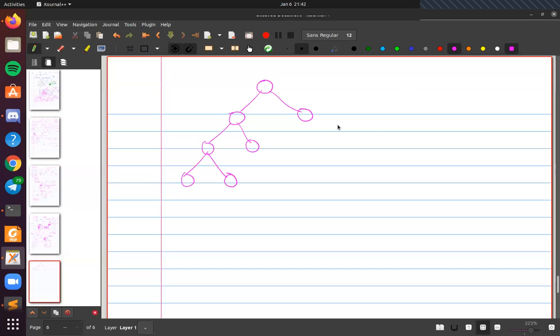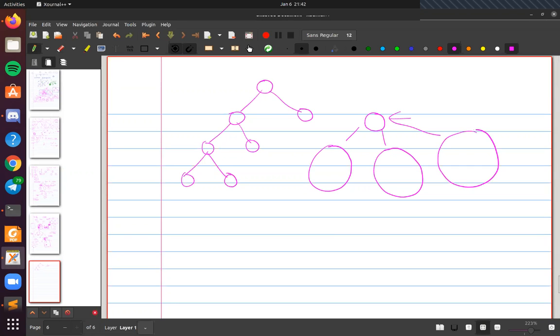So now consider finding a centroid. Say you have these three subtrees, and they will have many nodes in them. Let's talk about this node, how many times it will be visited. Now this node will be visited this time because I am doing DFS this time for every node, right?